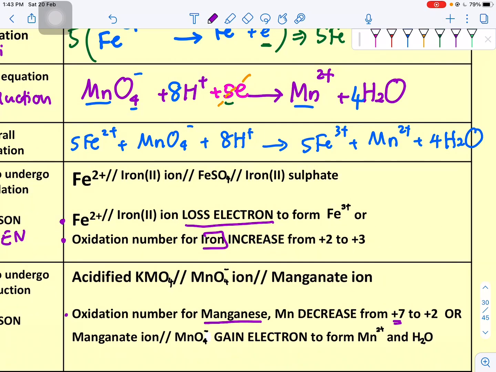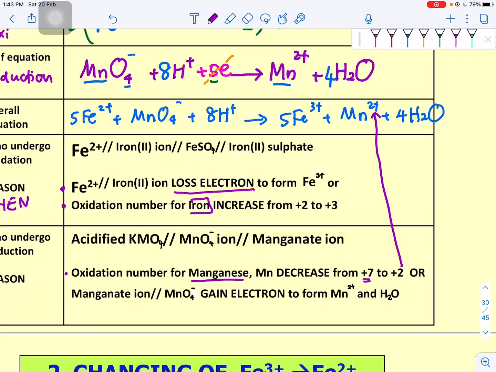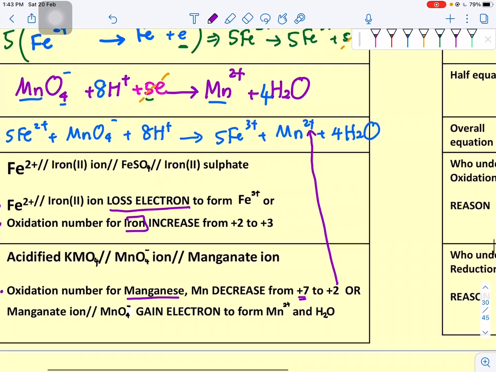Oxidation number akan dimiliki oleh satu elemen daripada transition element. Positive 2 tu charge dia ni. Kalau you nak understand about oxidation number for manganese, you boleh kira. How to calculate MnO4-. Okay, guna knowledge yang kita belajar sebelum ni.